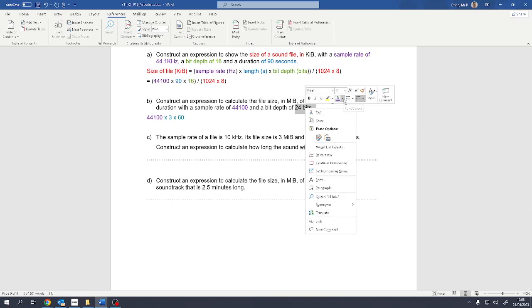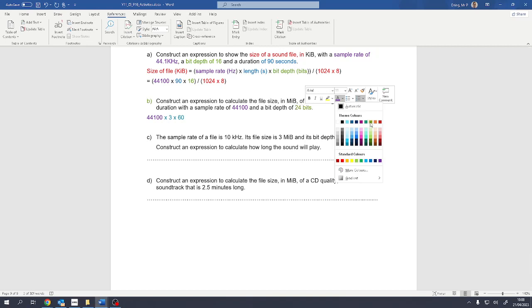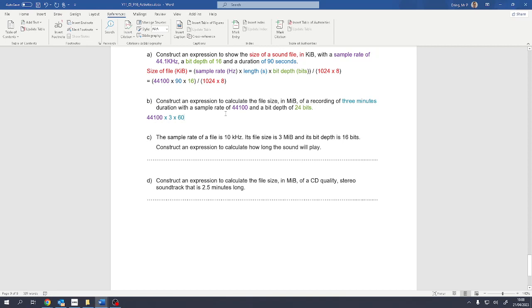So between, 2 to the power 24 for the total number. So that was green, I think we used here. Sorry, 24 bits I put in green. That will give us an expression for the total size in bits.